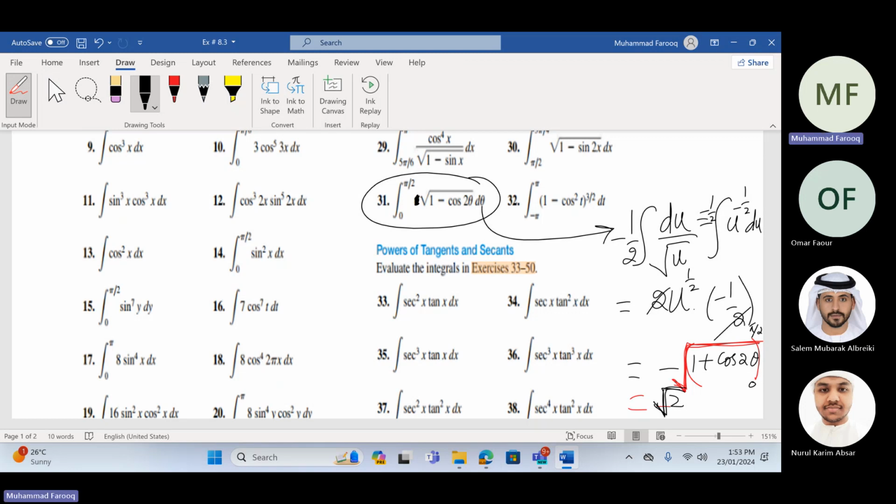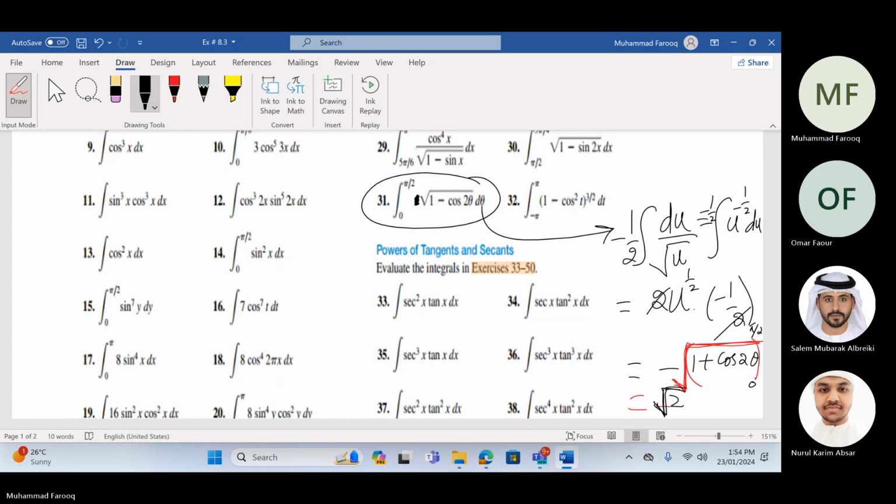The upper limit is becoming 0, right? Then minus, and again in my answer minus becomes positive, and then put the lower limit, so it becomes positive radical. So the answer is radical 2, by the way.